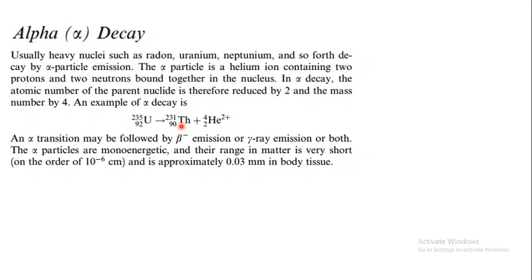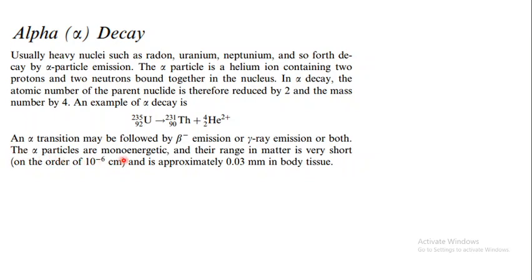In order to get the configuration of a stable nucleus, they have to emit further beta radiation or gamma radiation, or sometimes both. First beta radiation emission occurs, accompanied by gamma radiation emission. But if there is no beta radiation emission, then only gamma radiation emission takes place.